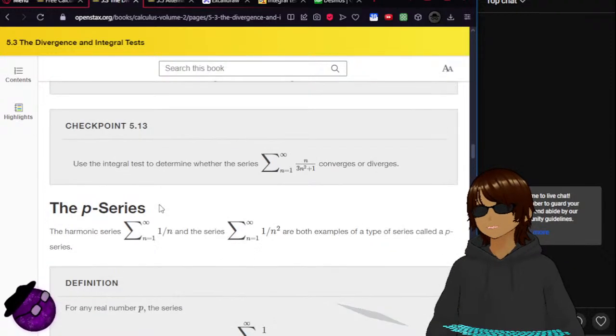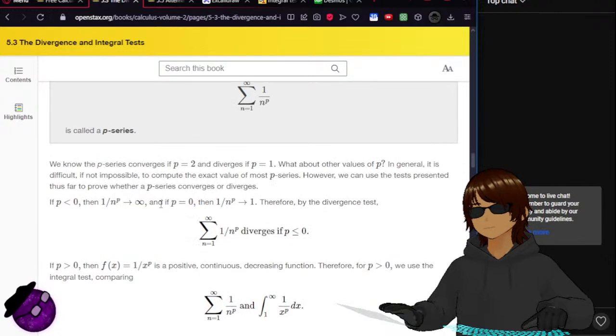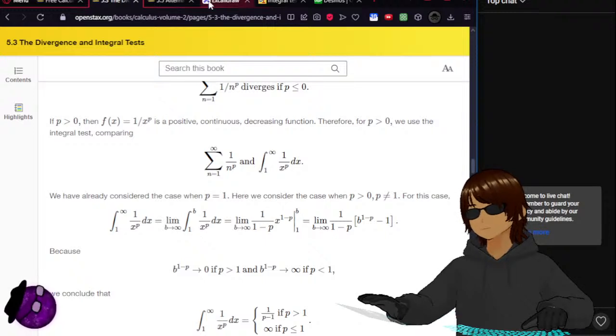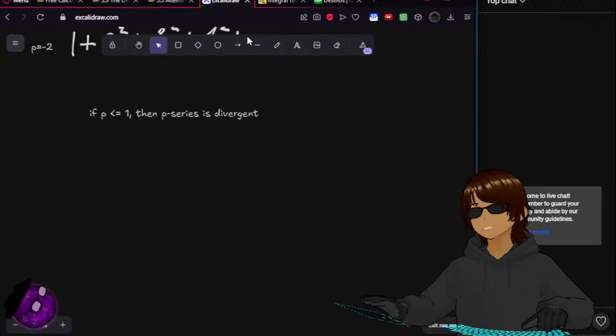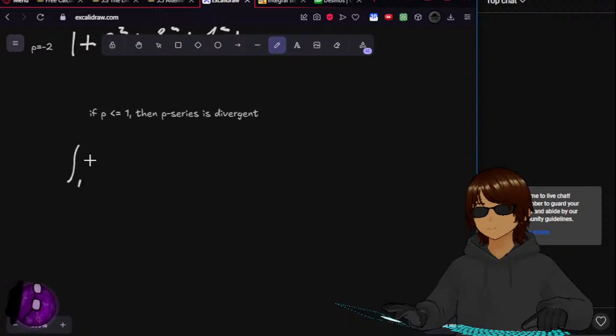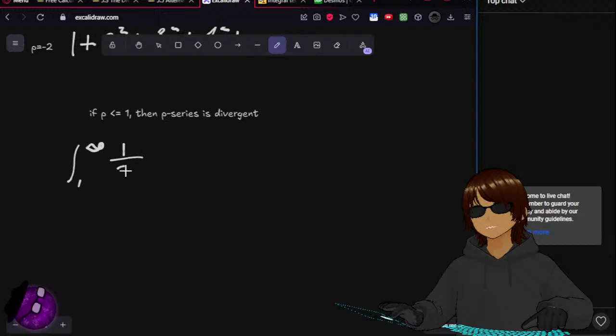And they use the integral test over here. Wait, for P equal to 1 we have the integral of 1 over x dx. I'm just testing something.